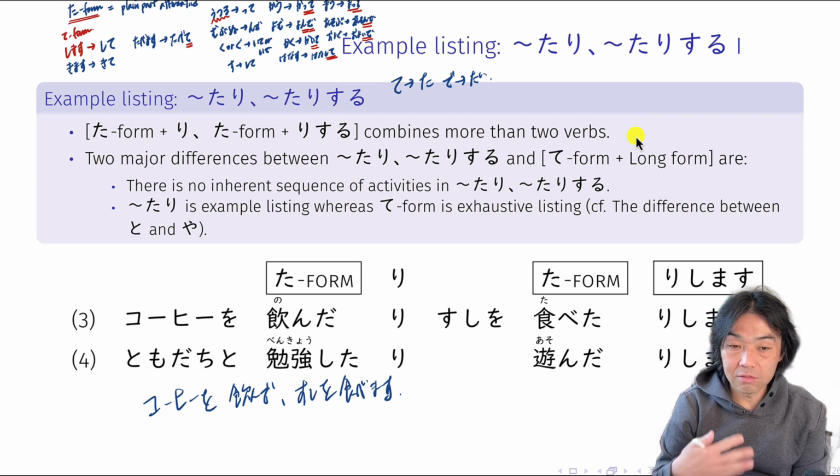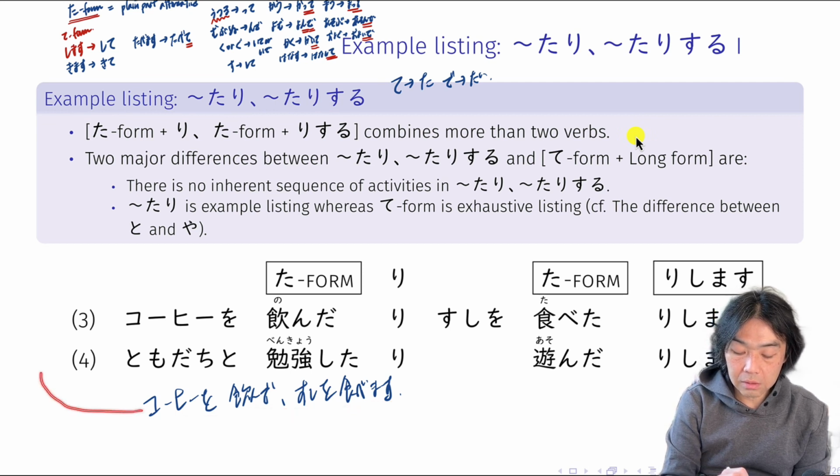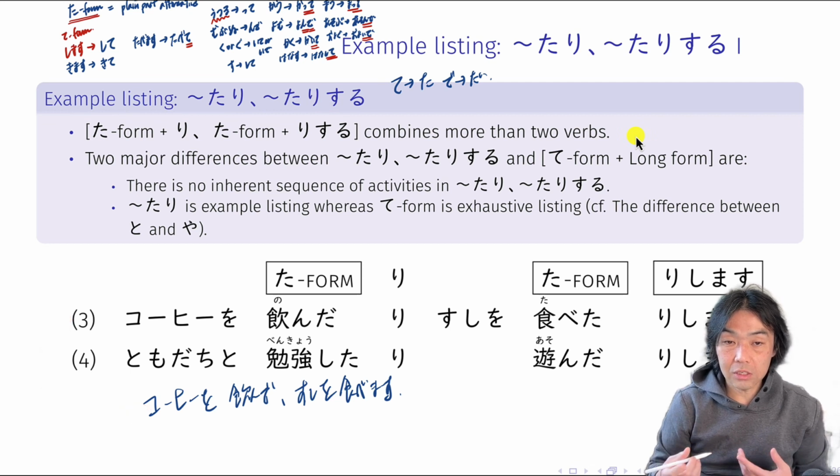So that's how you combine two verbs. コーヒーを飲んで寿司を食べます。Okay. So this one is exactly the same as this one. So in English translation, it's exactly the same. I drink coffee and eat sushi.